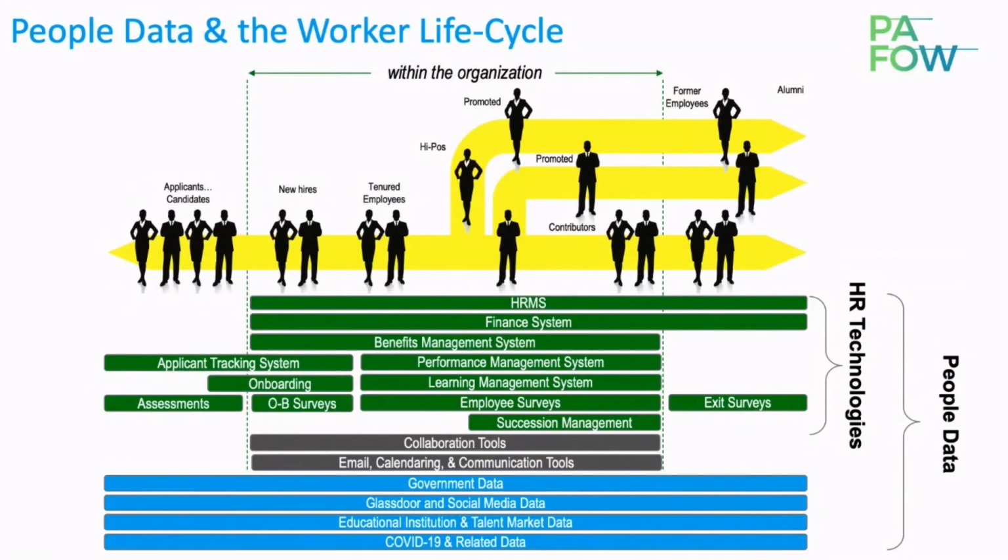So with that in mind, if we have that strategy, we can now have a data strategy. Here, if we have the people data and worker life cycle, as I call it, you can see that there's a host of technologies that underpin this worker life cycle. So you have people externally applying, so they become candidates and now they're assessed. They're in an applicant tracking system. There might be a pre-employment assessment. There could be a structured behavioral interview. All that generates data.